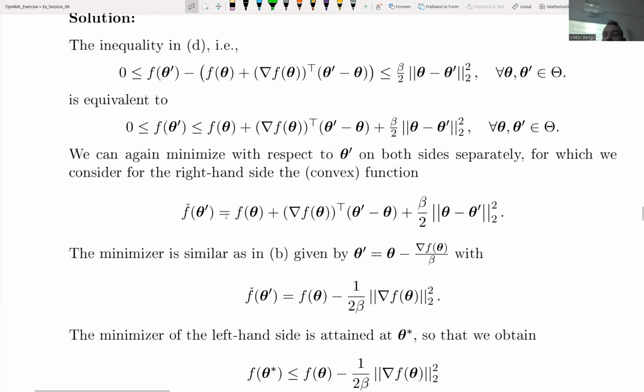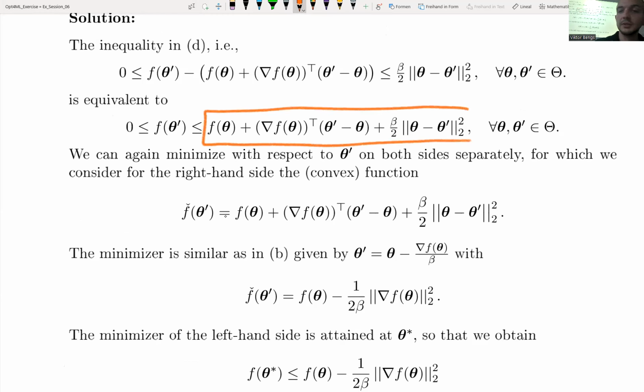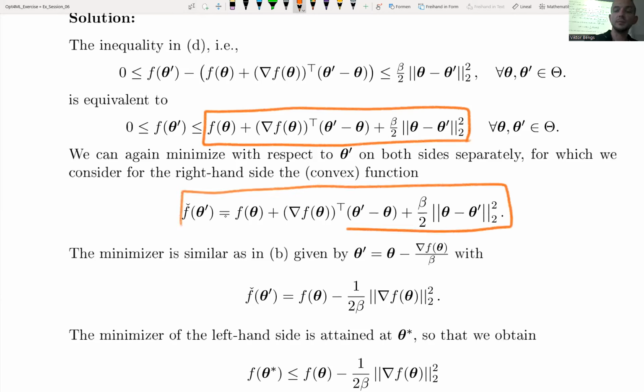We can again, I will go over it a bit quicker because this is essentially the same as what we did before. So for the right-hand side, we introduce a new function, f check, with respect to theta prime.